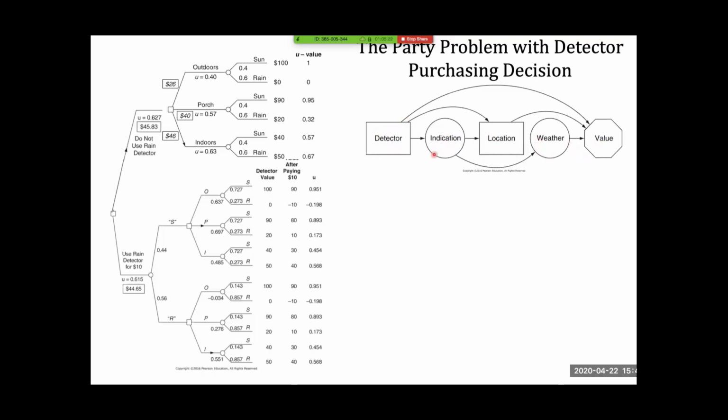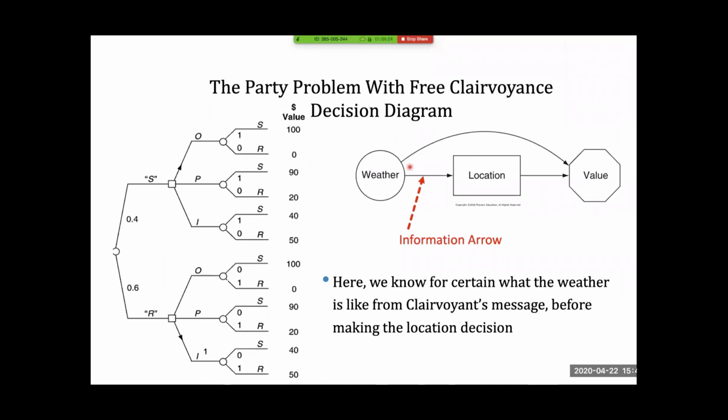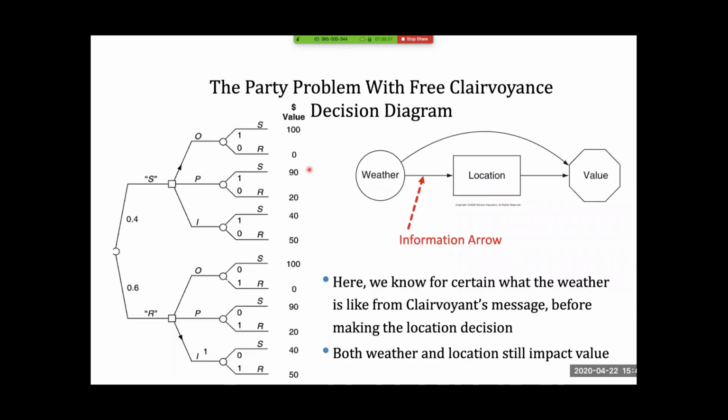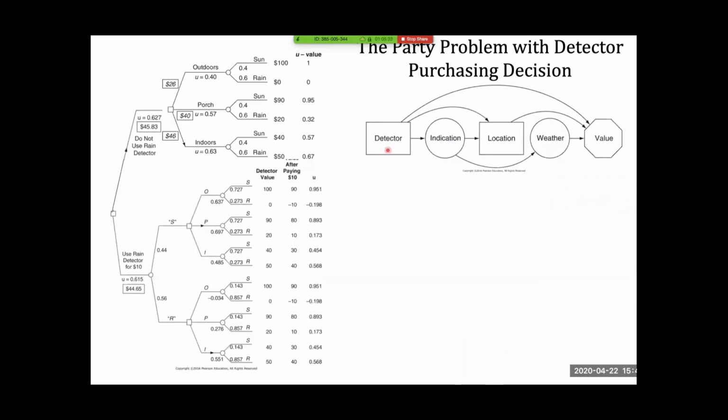Compare this decision diagram with this one. You have an extra node here called detector that represents the extra decision you need to make, which is whether to buy the detector or not. So here we have the 5 nodes to represent these decisions, this uncertainty, and the values, and also, of course, the weather.